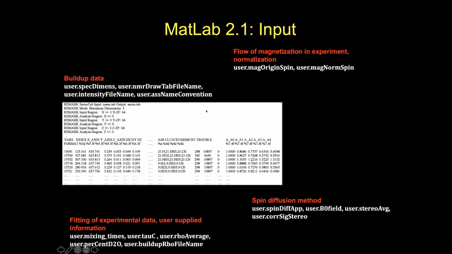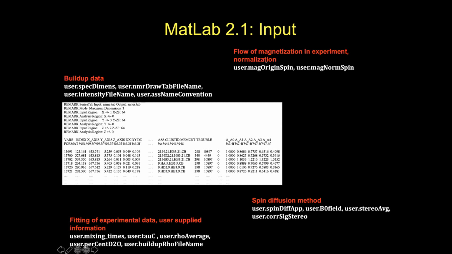But on top of that, you have to provide some additional information. So first of all, you have to tell the program how the magnetization flows in the experiment. There are many different NOESYs, and of course the program doesn't know which dimension is which. So you have to say, is the first assignment here the spin where the magnetization starts, or is it the one where it ends up?